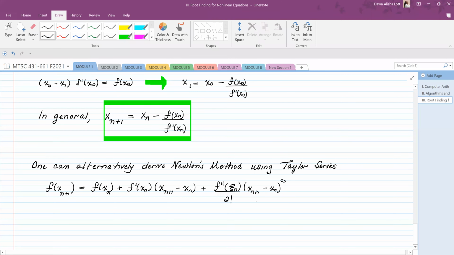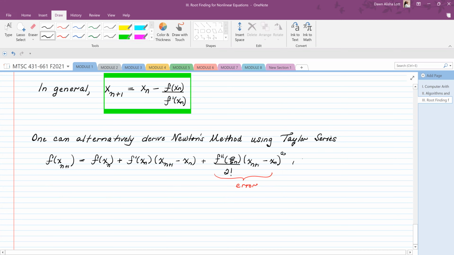So this term is the error. And this is true when c is between xn and xn plus 1.